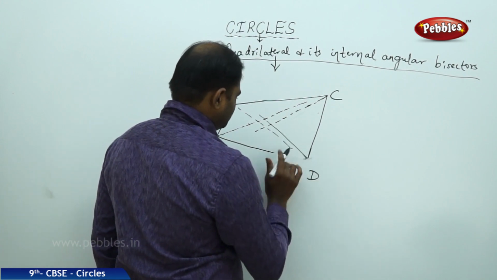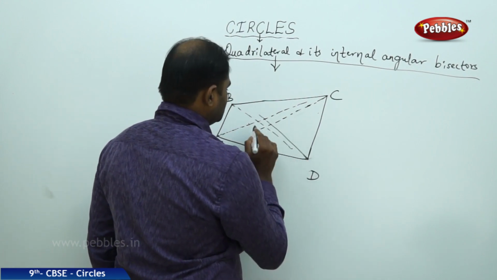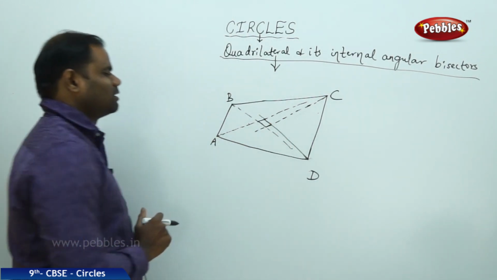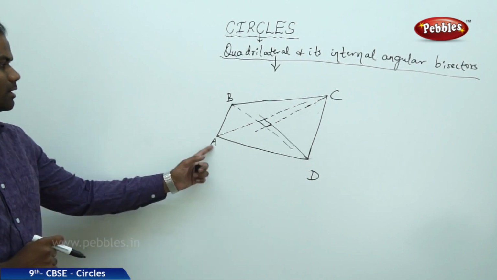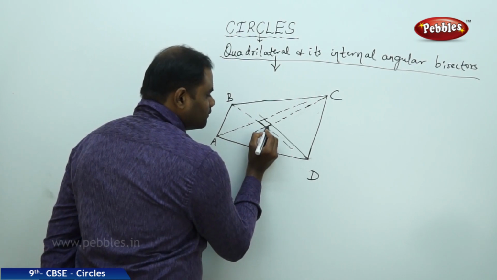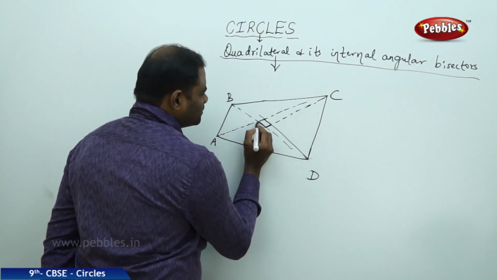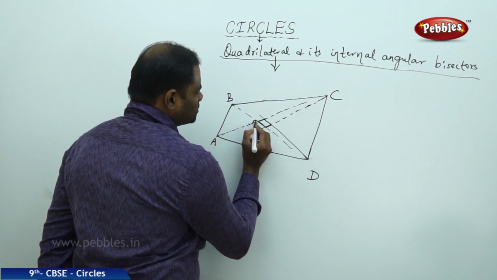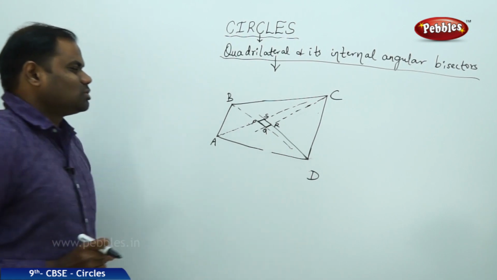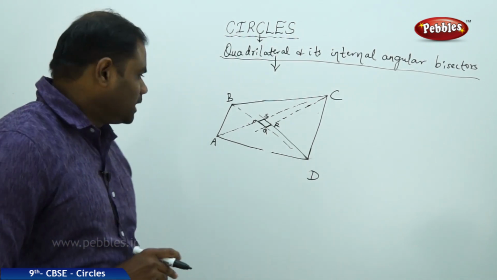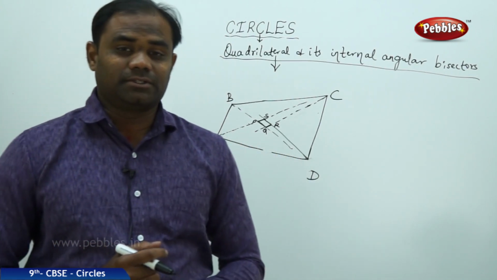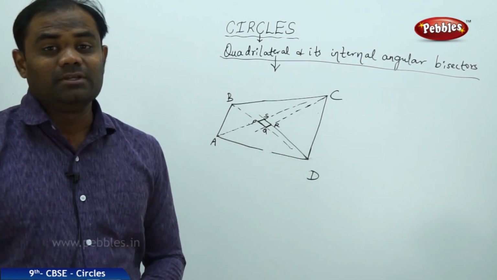Say here I have a quadrilateral which is formed by each of the internal angular bisectors of A, B, C and D. This quadrilateral, which is formed by each of the internal angular bisectors, let me denote by P, Q, R and S. So the property says that such a quadrilateral which is formed by each of the internal angular bisectors will be cyclic.